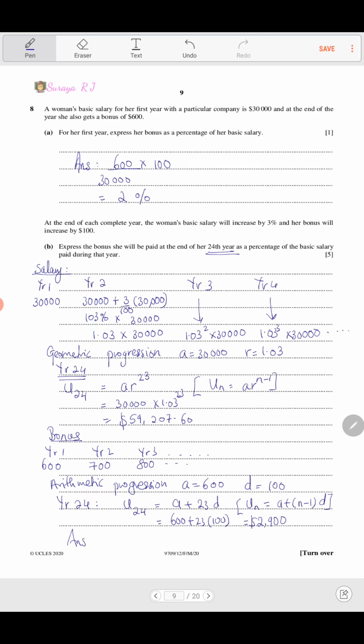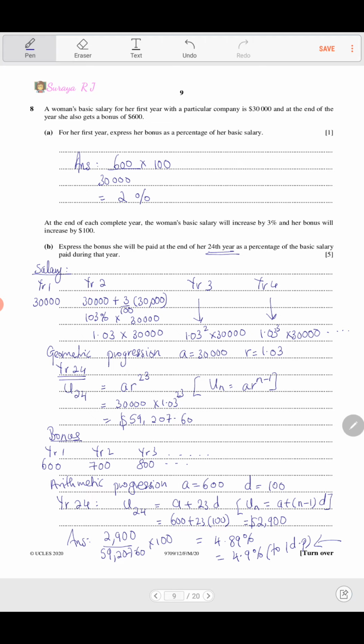And the final answer, we have to calculate the percentage of her bonus to her basic salary. So it's 2,900 over 59,207.60 times 100, and the answer is 4.89% or 4.9% to 1 decimal place.